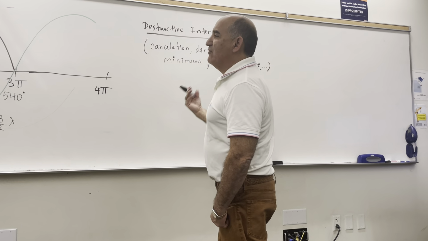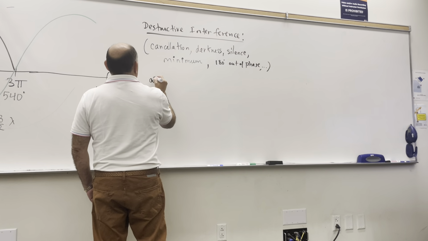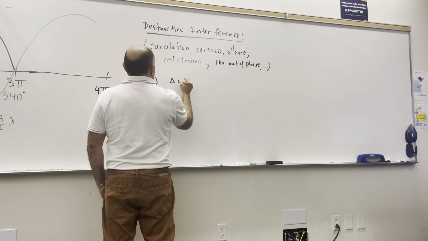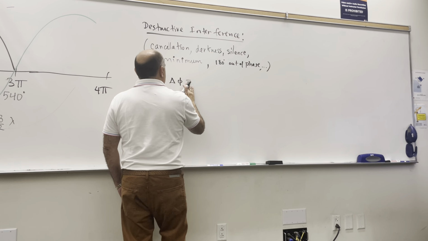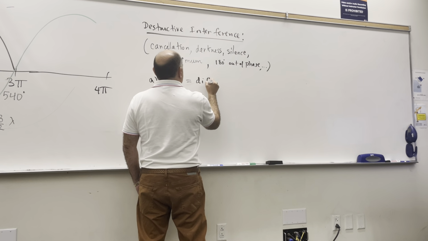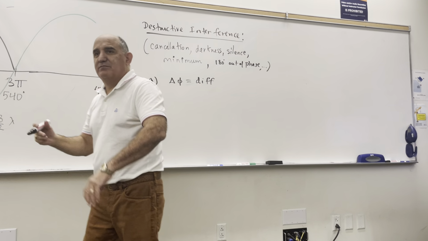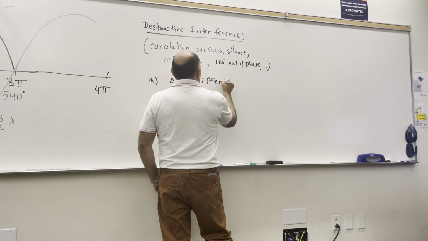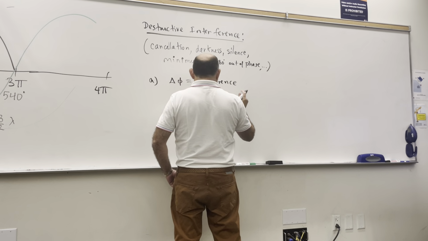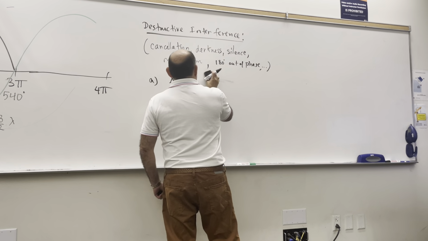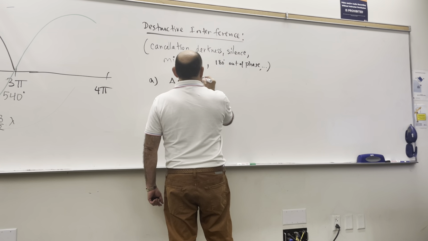And what would have to be, number one, the phase difference between the waves that interfere with the same amplitude and the same wavelength, but they interfere in space? So what would have to be the phase difference? I wrote difference, but I didn't write down the word phase.